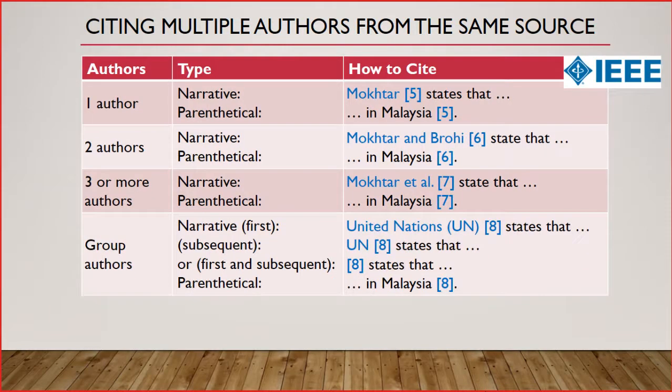Now similarly, we have IEEE. It is quite different. We have 1 author, 2 authors, 3 or more. I think IEEE is simpler compared to APA in terms of how to cite, whether narrative or parenthetical.